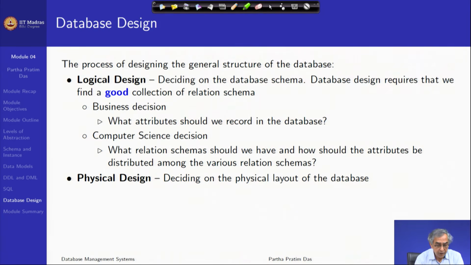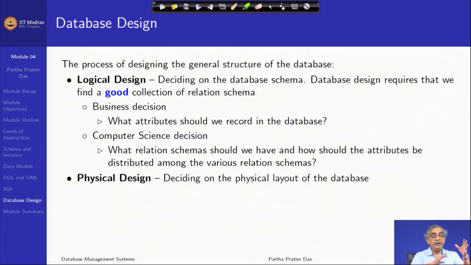So, things that impact the logical design are business decisions on one side as to what I am trying to achieve, what does a business want to achieve, what do we want to keep in the database, what do we want to use, and the other is the computer science decisions or algorithmic decisions as to how it is easy to manipulate this data, how to put it appropriately in the relational schemas and so on.